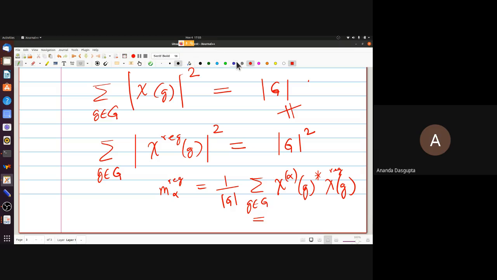Chi regular G is mod G if small g equals E, otherwise 0. What should it be? It will be chi alpha E. Chi alpha E, right. Because chi regular G has only one element which is non-zero, that's for G equal to E. And that mod G cancels out this mod G. But what is chi alpha E?